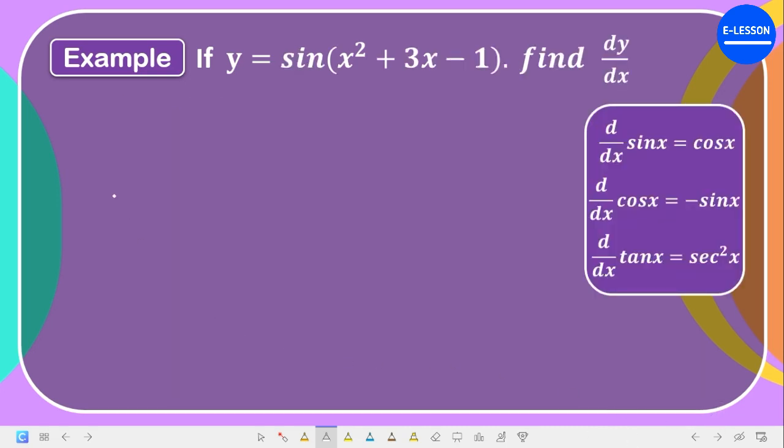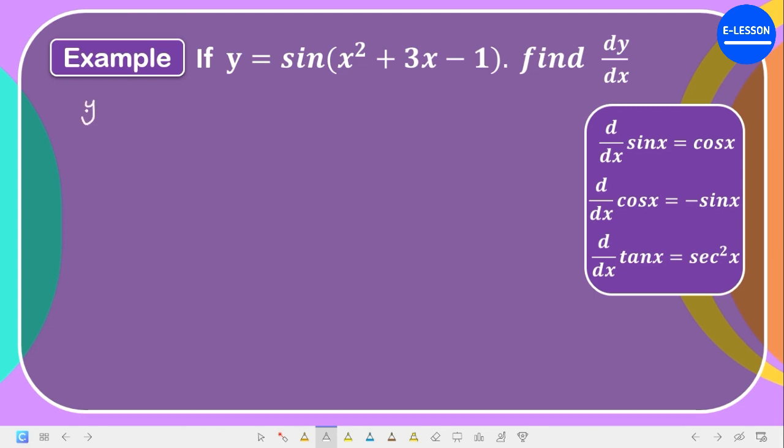Now, how about you have this question? How do you solve it? Now, it follows the same approach. But in this case, I would actually advise you to follow the long method. Follow the long method.